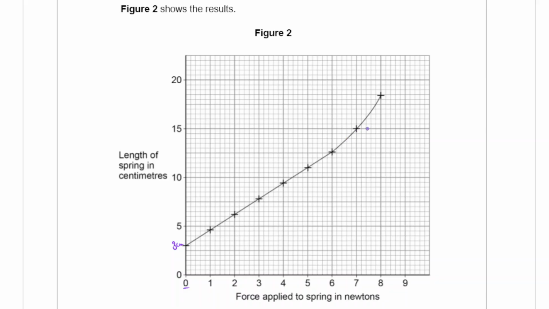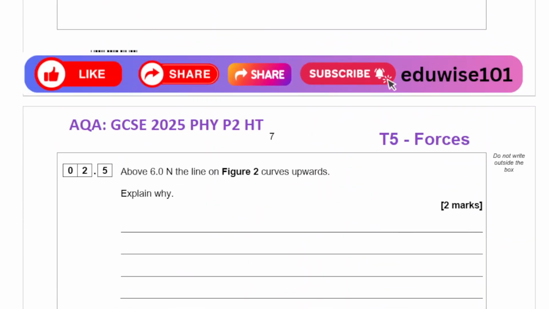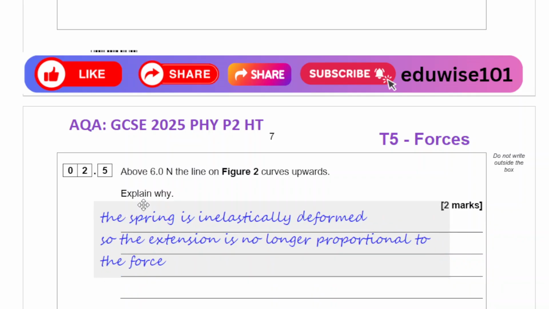From 7 to 8, it actually got longer by 3.5 centimeters. So that means it's not behaving elastically. So the spring is inelastically deformed. So the extension is no longer proportional to the force applied.